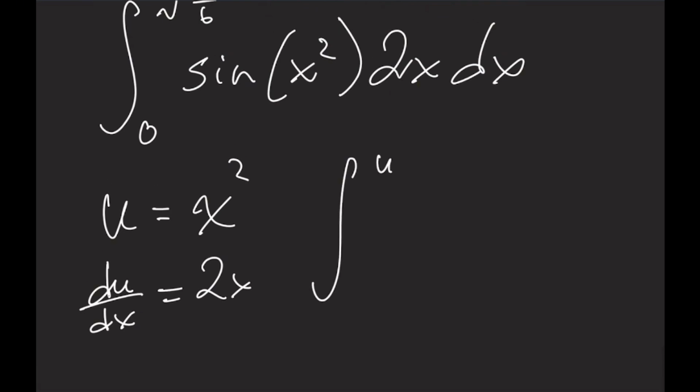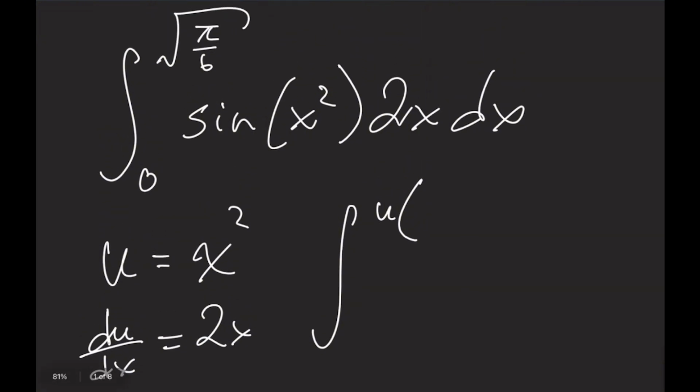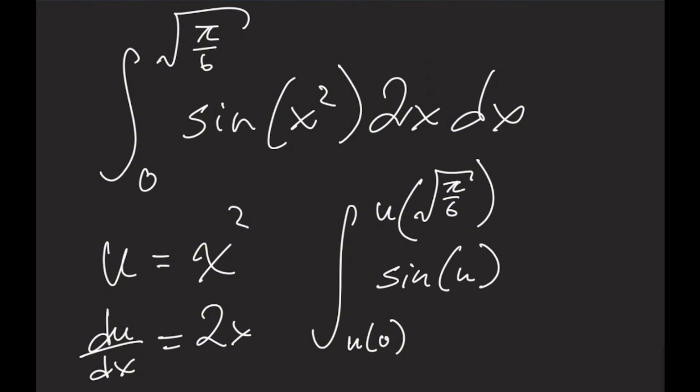So we have u of our original endpoint, which is root pi over 6, and then u of 0 is going to be 0. And then we have sine of u times du dx multiplied by dx.